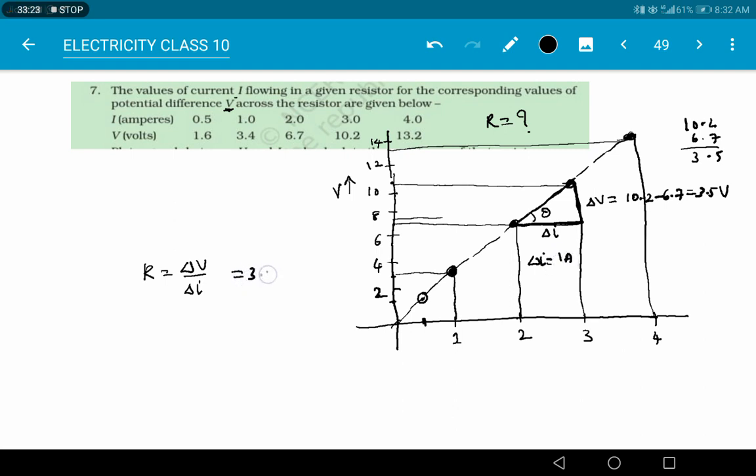Therefore 3.5 by 1, so 3.5 ohm. Between any two points you take, you get a value close to 3.5 ohms. This is the way of doing problems on graphical questions based on Ohm's law.